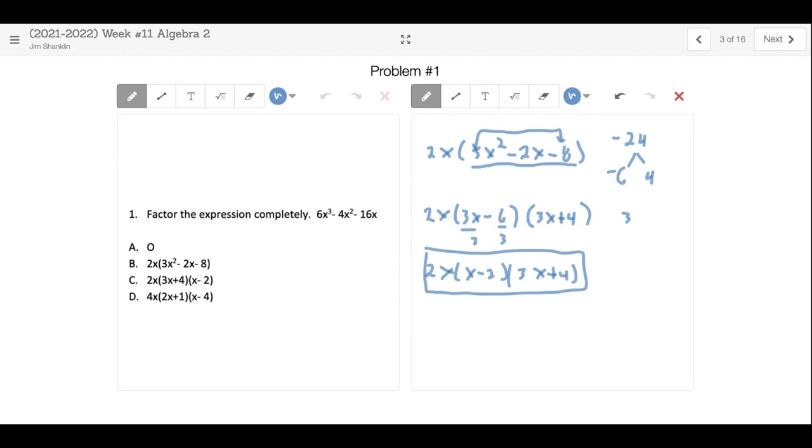Oh, no. It's 3x plus 4, x minus 2. That is right. Letter C is exactly the same. Now, it should be 3x plus 4. That's okay. That's all right.